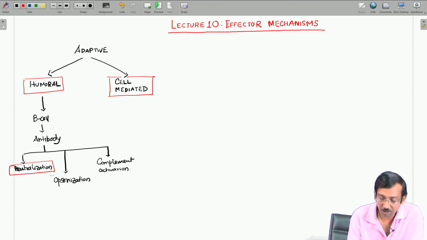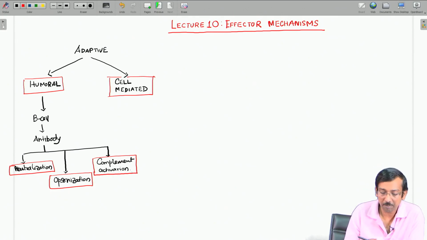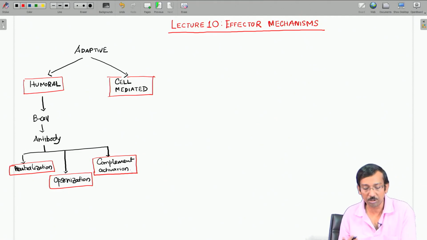They can neutralize the pathogen, depending on the different types of toxins that are produced by the pathogen, for example the bacteria. They go and bind, and by that they can recognize the pathogen and induce killing.